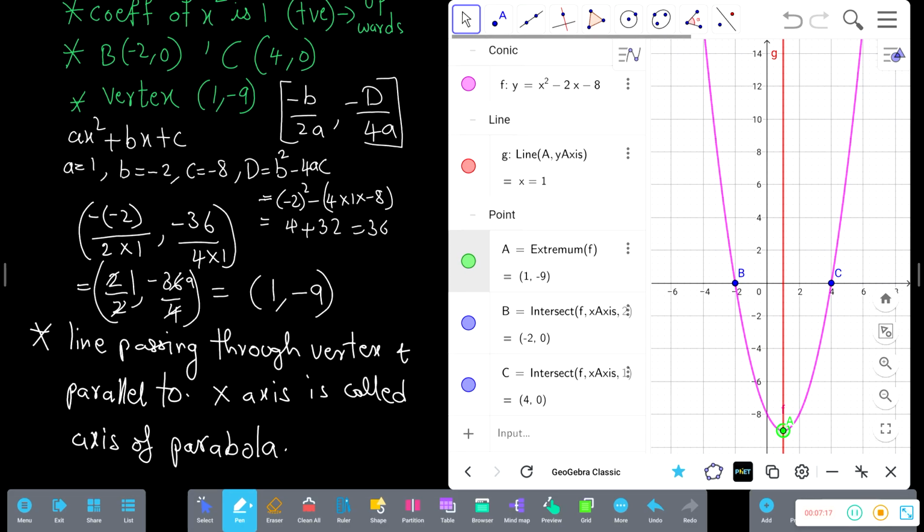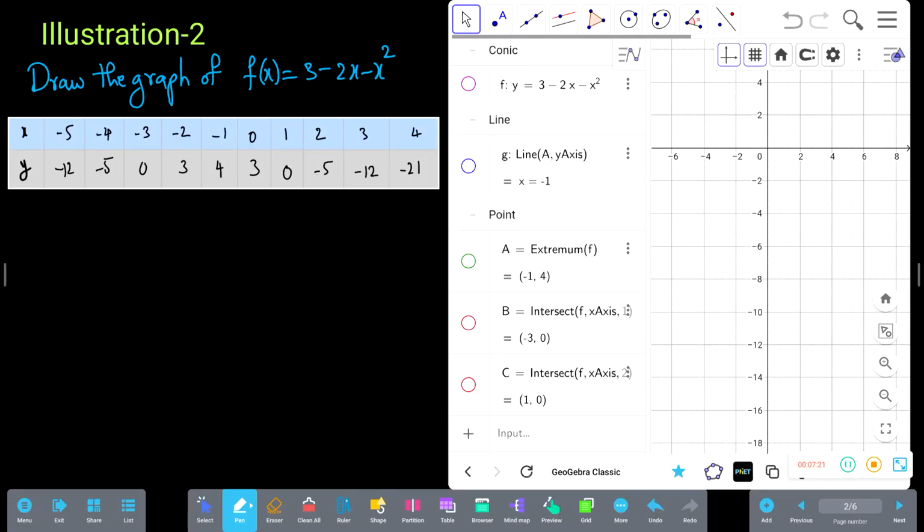Okay. So next we will go to the second illustration. Illustration number 2. Draw the graph of f of x equal to 3 minus 2x minus x square. So here if we observe the polynomial carefully, we will have a as minus 1, b as minus 2 and c as 3.